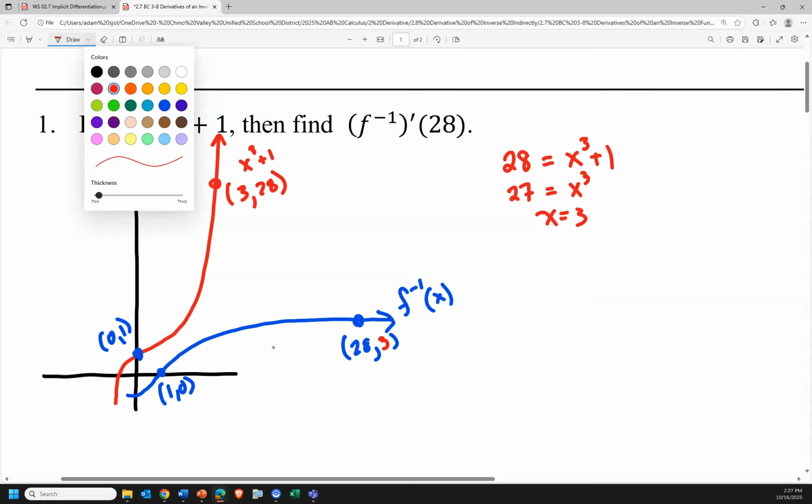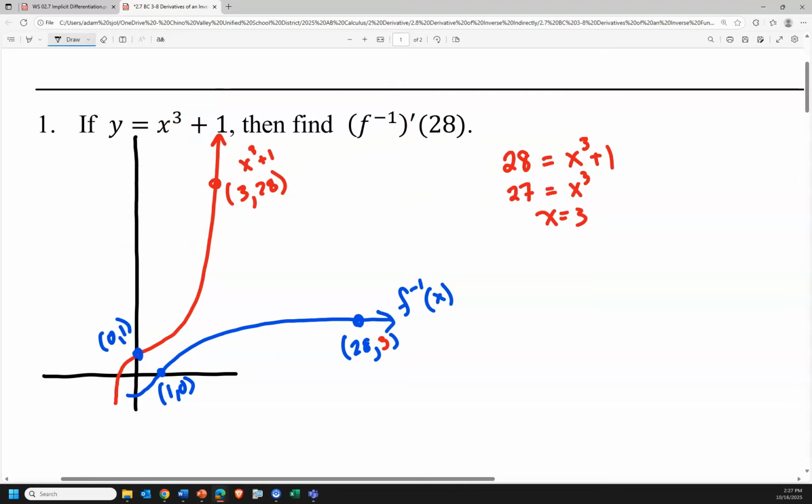And so the other thing, and maybe you knew this already, is the derivative of the inverse at 28 is going to be equal to 1 over, let's just call this f of x for now to simplify. That's not the right notation, because we shouldn't change, but whatever.